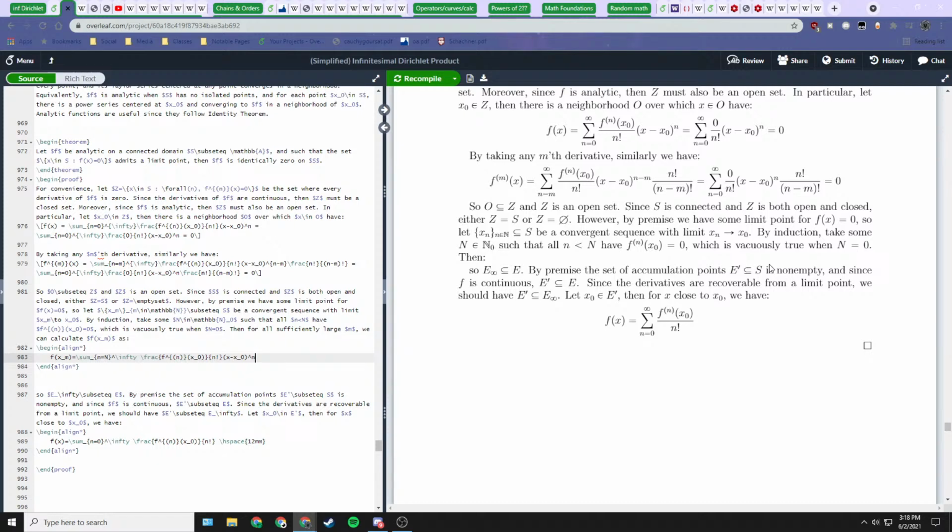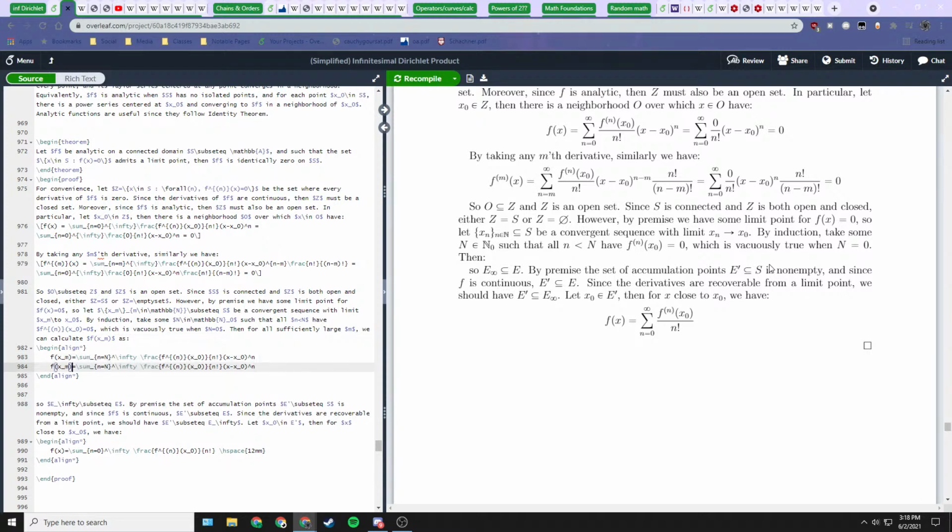But then we can also say, if we just take f, we can do a fraction: f of x_m, we'll subtract f of x0, and then we'll divide by (x - x0) to the power n plus 1, power n, capital N. And this will just be, actually it's fine if we just do it like this.